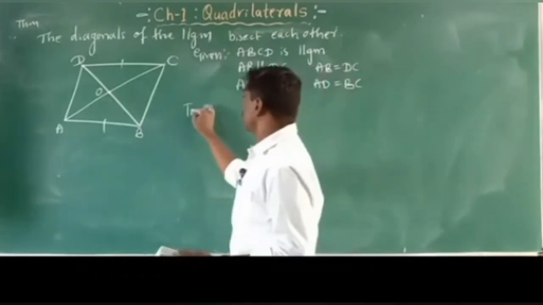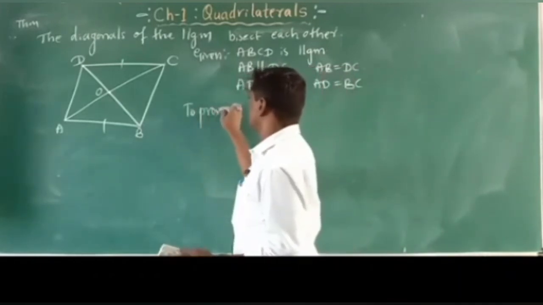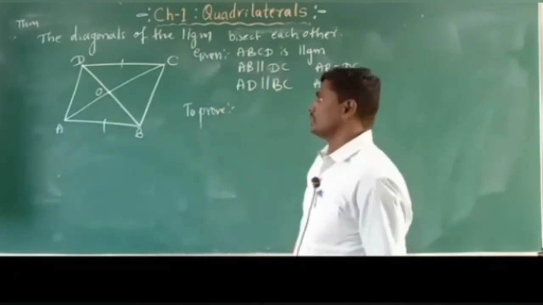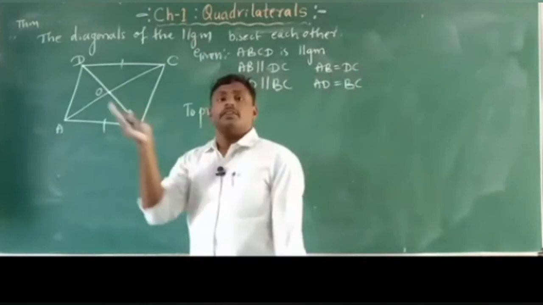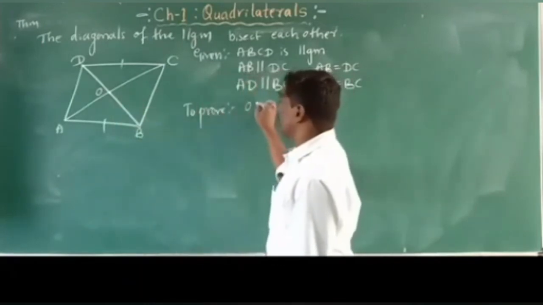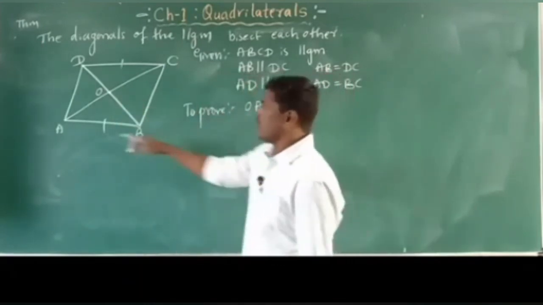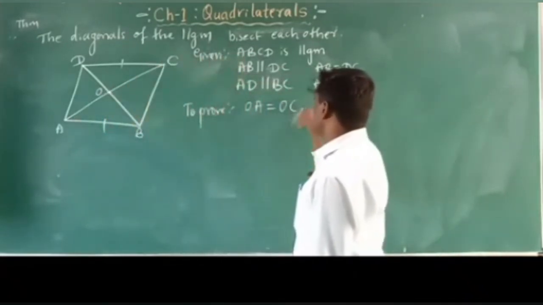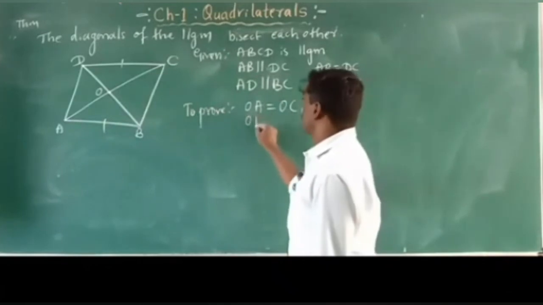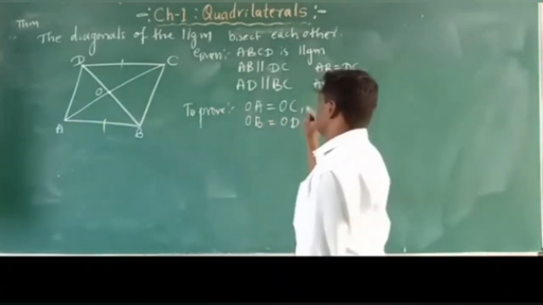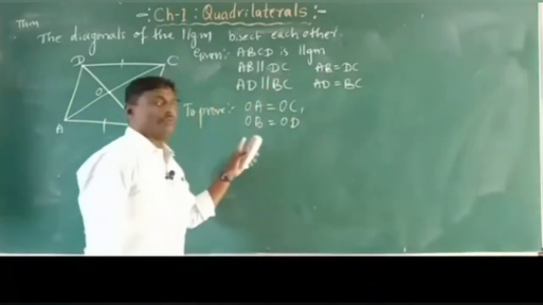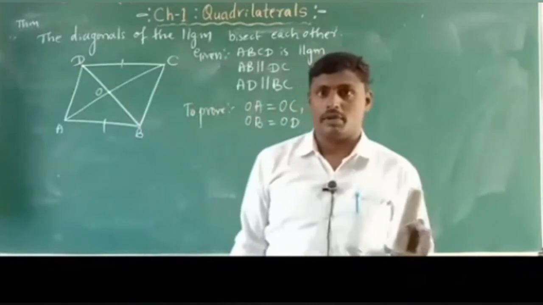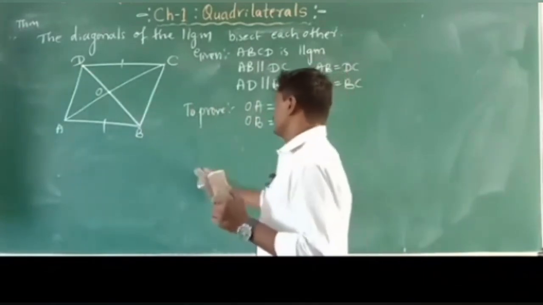Next, what do you have to prove in the given theorem? You need to prove that the diagonals bisect each other. Bisect each other means it divides into two equal parts. So we prove here that in diagonal AC, OA is equal to OC, and one more, OB is equal to OD. These two we will prove by considering the two diagonals. Okay.